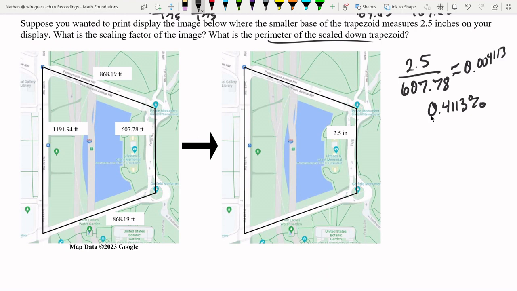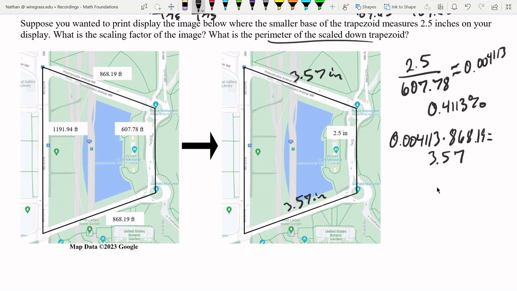So these two sides are the same, so I just need to do it once there. 0.4113% of 868.19, I'm getting 3.57 approximately for that. Those two side lengths actually. It's going to be this one and this one here.